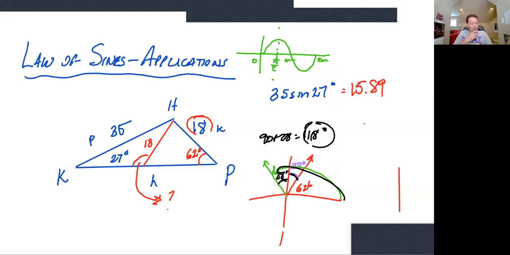So you're asking how we deal with the minutes? There are 60 minutes in a degree, just like there are 60 minutes in an hour. So 40 minutes is 2/3 of a degree, 40 over 60.